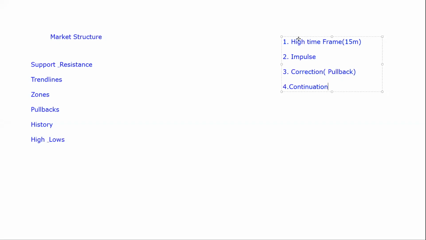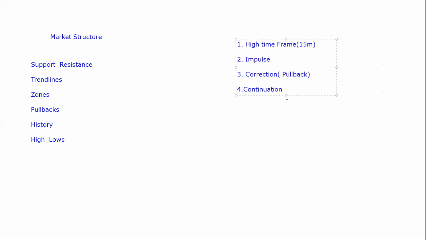Now, I promise you this: as long as you understand these concepts right here, these 4 main concepts, and really you only have to understand these 3, and you use this every time you go to trade in the markets, I promise you will be successful.